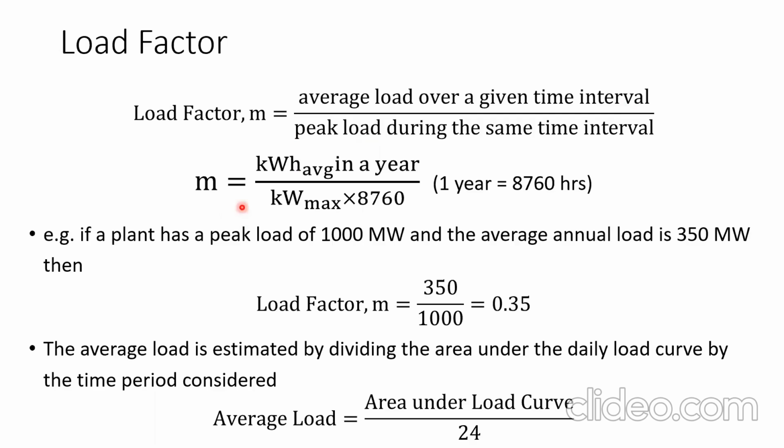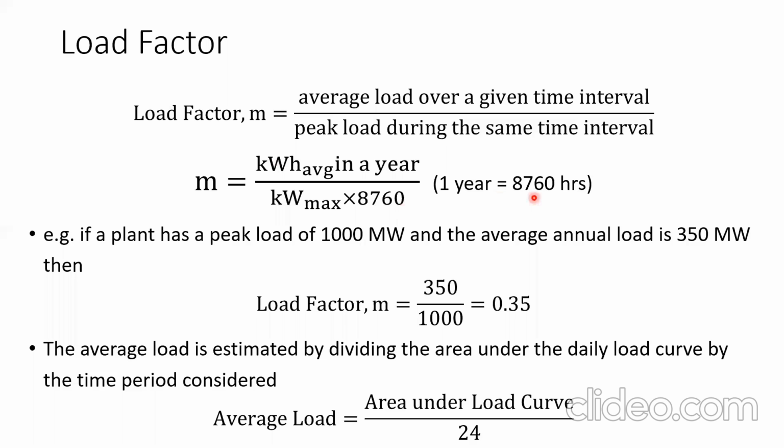The formula is also given for a year. m is equal to kWh average in a year divided by kW max into 8760.